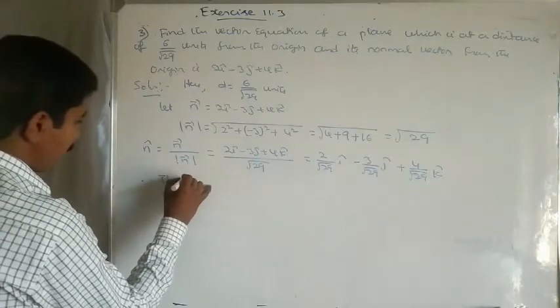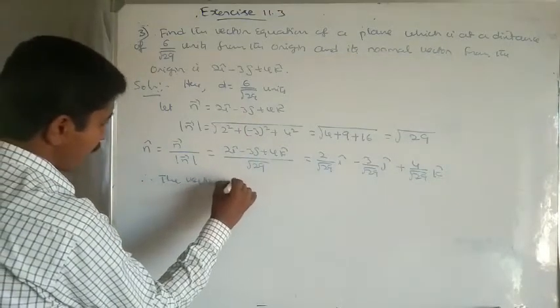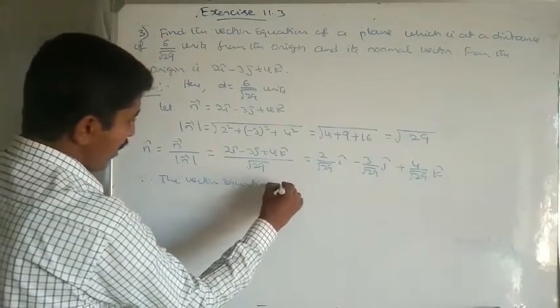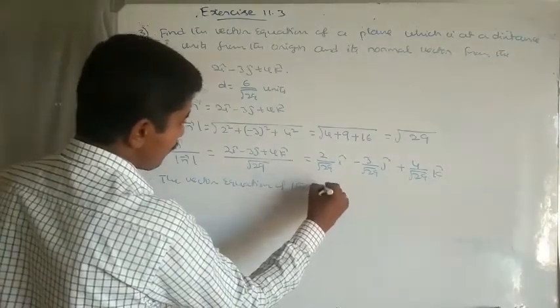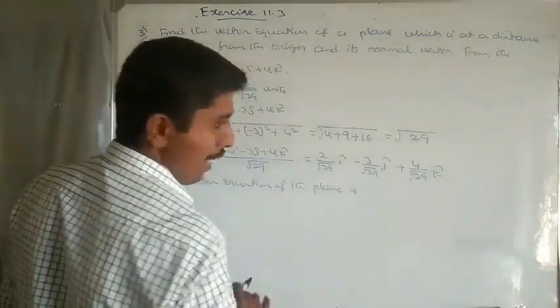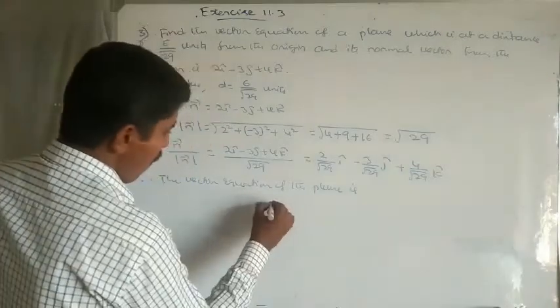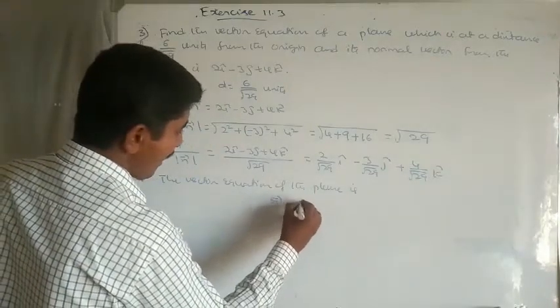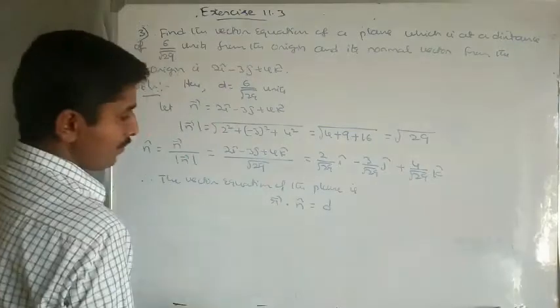Therefore, the vector equation of the plane is given by vector r dot n cap is equal to d.